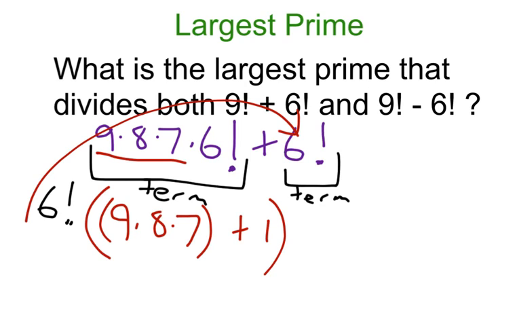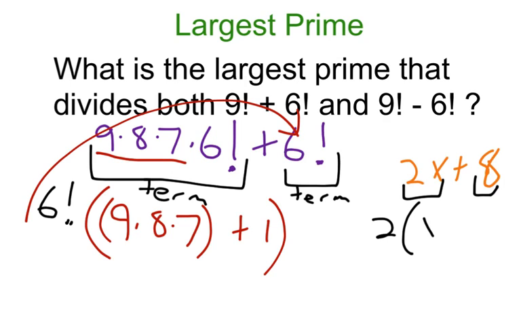And I'm going to back step just for a second. Let's say I was doing something easier. What if it was 2x plus 8? What do they both have in common? Both numbers are even. That means 2 will go into both the first term and the second term, so I could factor out a 2. 2 times what gives me 2x? 2 times 1x. 2 times what gives me 8?